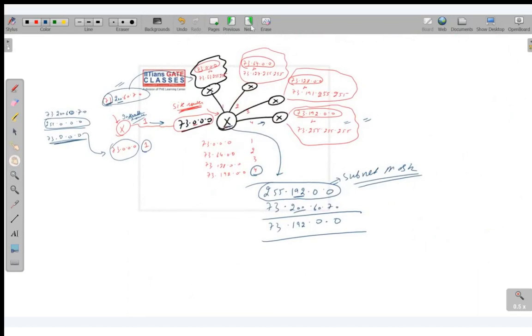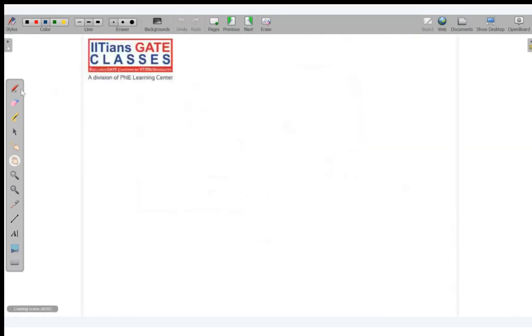Okay, please take some notes. Write down: Internet router has no knowledge about subnetting.